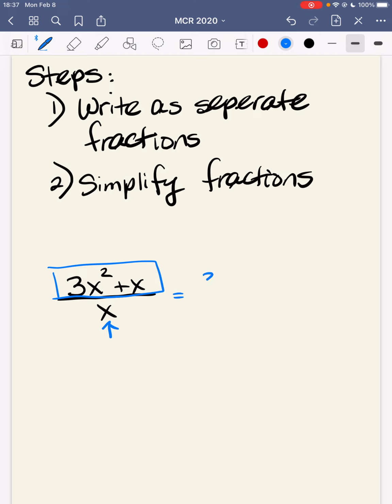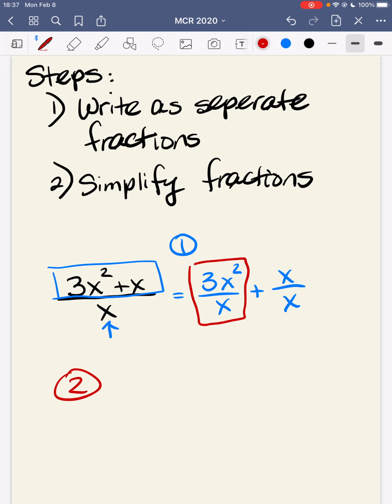That means I'm going to have 3x squared over x plus x over x. This is step 1. Step 2 says I need to simplify them. So I need to take each fraction and simplify it as best I can.